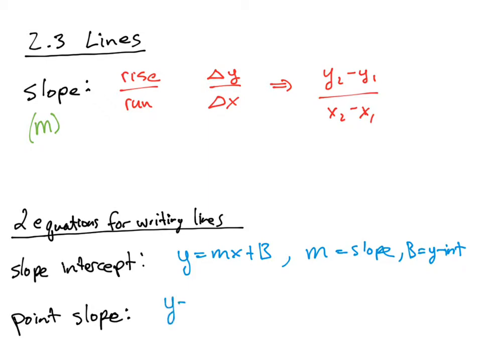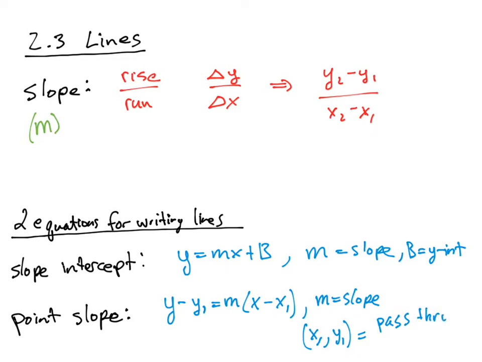That is y minus y sub 1 equals m times (x minus x sub 1). So we still have m, and that's the slope, and then (x1, y1) is a point that the line goes through, so I'll call that a pass-through point.